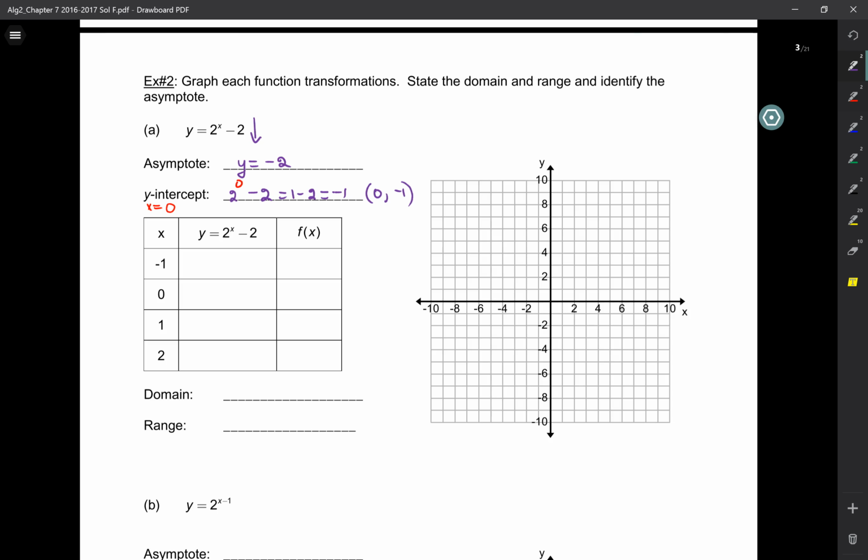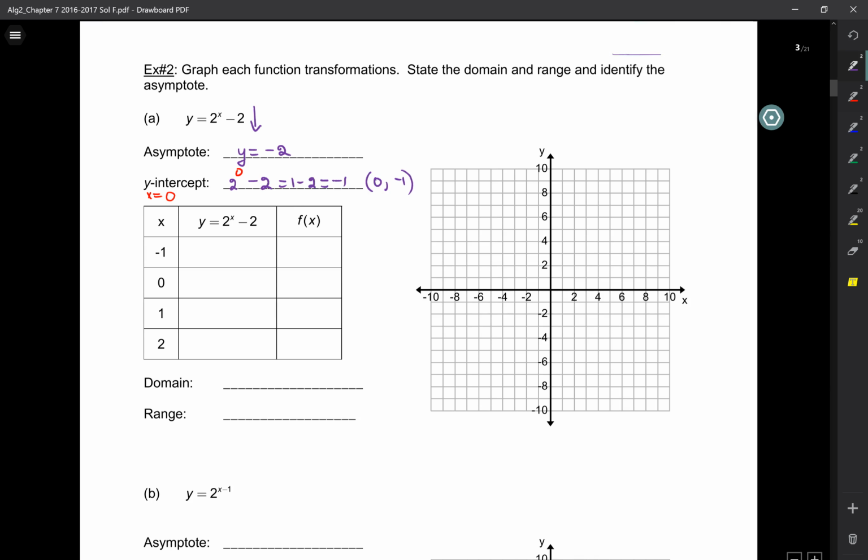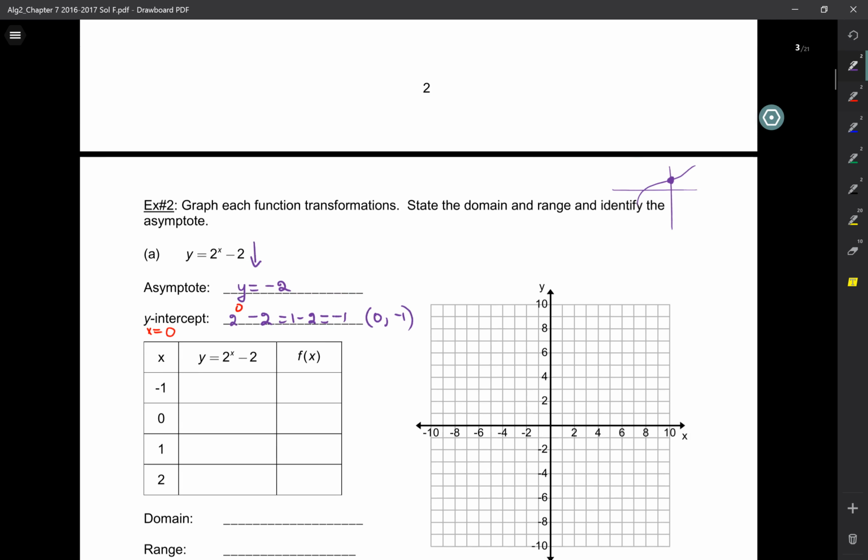So y-intercept is always when x equals 0, right? Y-intercept, when the graph crosses the y-axis, what's the value of x there? This point here is y-intercept, right?